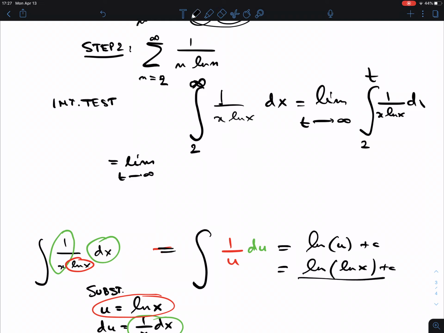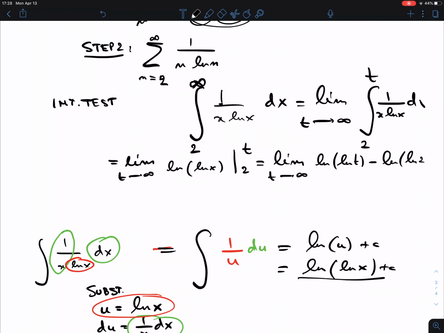The indefinite integral is ln of x, and I have to put this between 2 and t. Plug in the endpoints, the fundamental theorem of calculus, that is ln of t minus ln of 2. This first one, ln of 2, is just a number. That's fine.